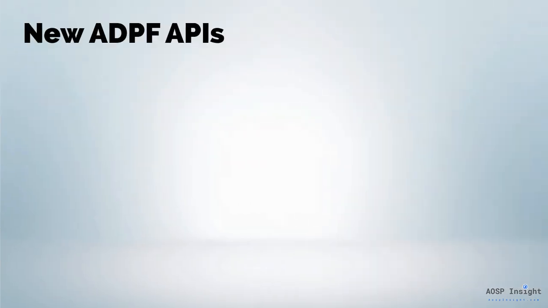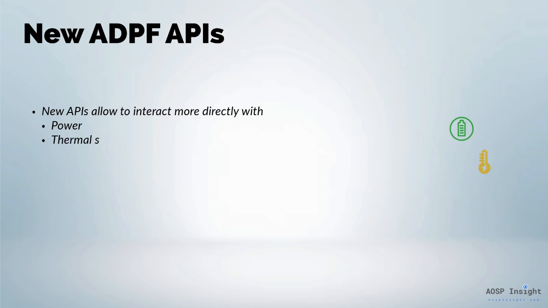The last point that we'll discuss here is about ADPF. ADPF actually is the Android Dynamic Performance Framework. In Android 15, some new APIs have been introduced, allowing us to interact more directly with power and thermal systems.